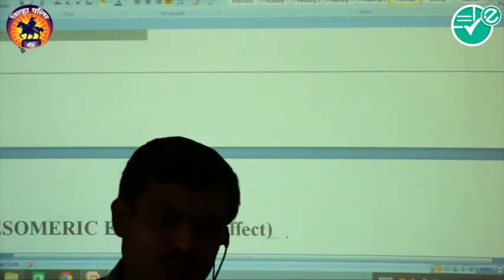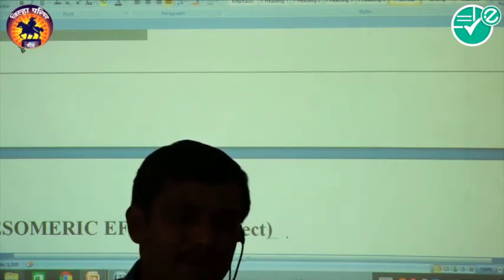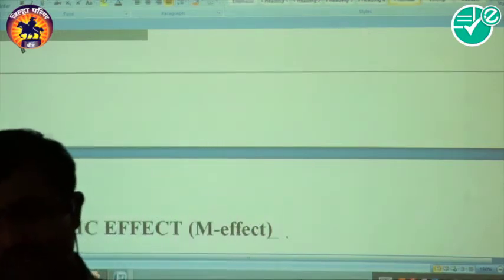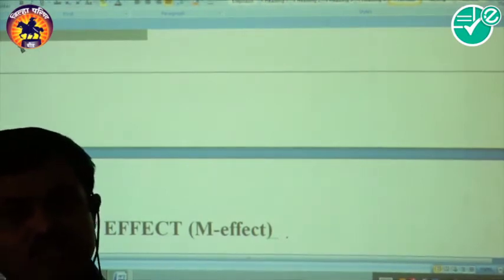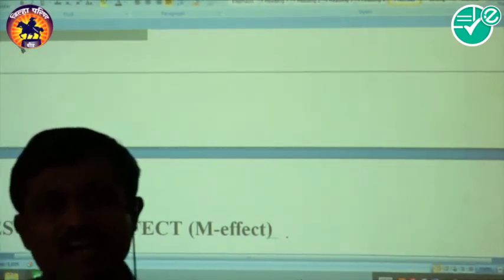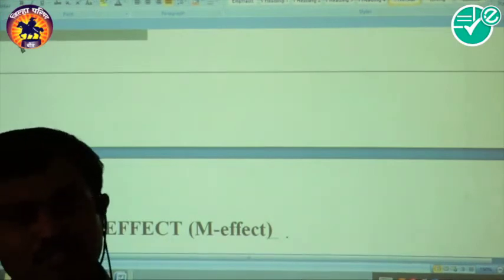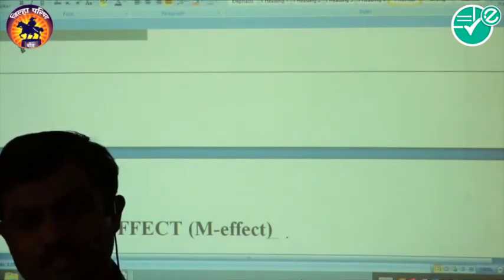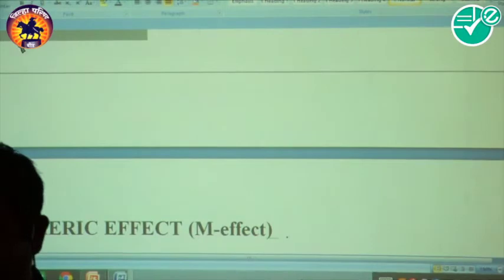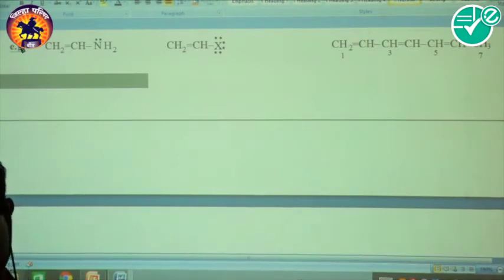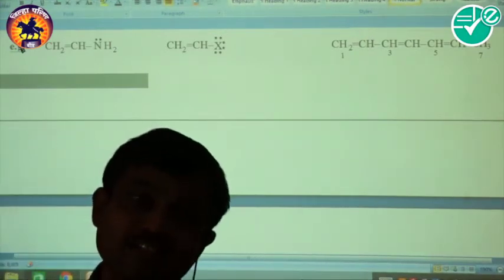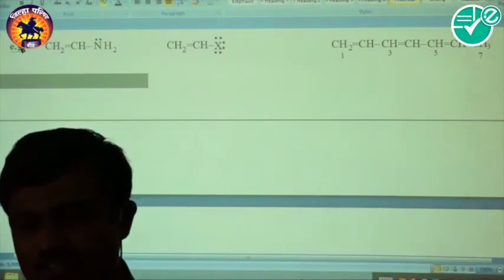One is pi-pi conjugation, another is pi and negative charge, another is pi and positive charge, the fourth is pi and a single electron, and the fifth is pi and a pair of electrons, a lone pair.